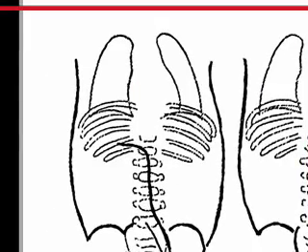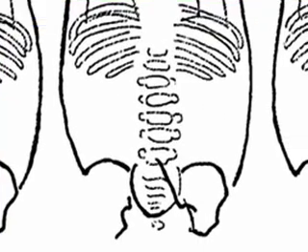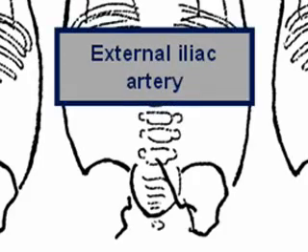These four diagrams on the bottom show positions of umbilical artery catheters that are not in correct position. This umbilical arterial catheter is in the celiac, renal, or superior mesenteric artery. This catheter is in the external iliac artery.